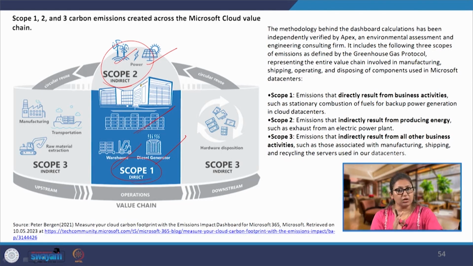Computers, a lot of computers are there which consume electricity. All that is part of your scope 2 emissions, the electricity that is consumed. So, any reduction in this electricity consumption will result in scope 2 emission reduction. And then scope 3, we have upstream and downstream both.